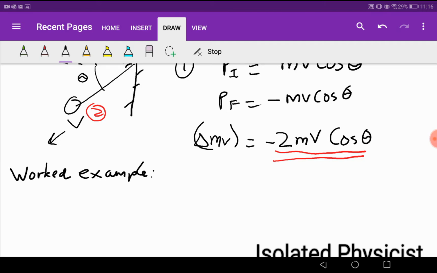We've got a tennis ball of mass equal to 0.2 kilos. It moves at a velocity of 18 meters per second.